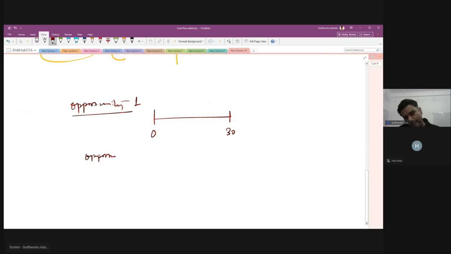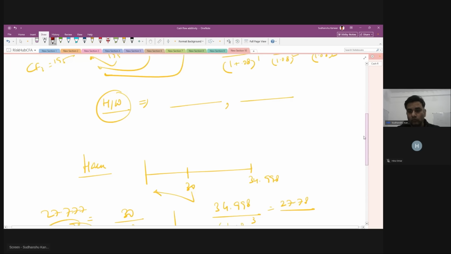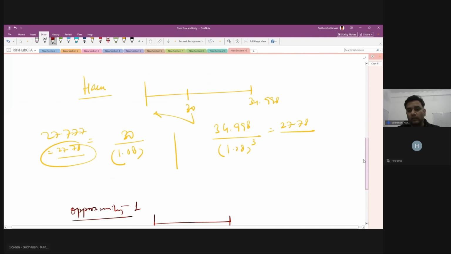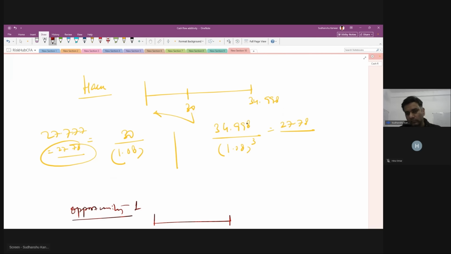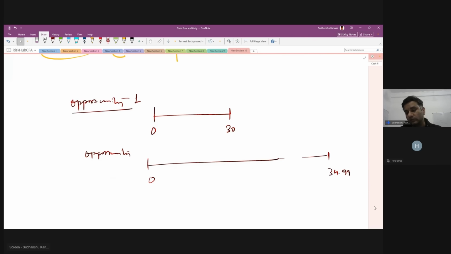Opportunity 2 is 0 and 34.992. That's why some difference was coming, right? If I take 34.992, here I have to discount one period, so my value is 30.108. Here I have three periods. This is the third period.